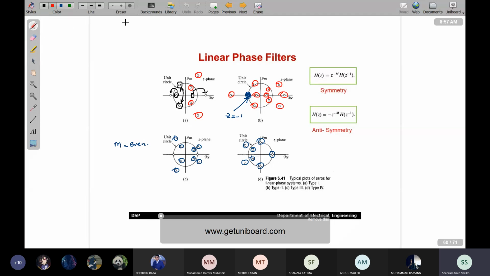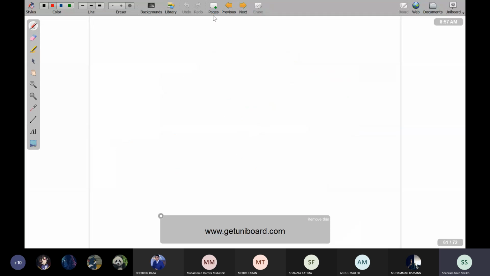This is how the zeros of FIR linear phase filters are located, and always the poles will be on the unit circle because they are not contributing anything to the phase and magnitude of linear phase filters.